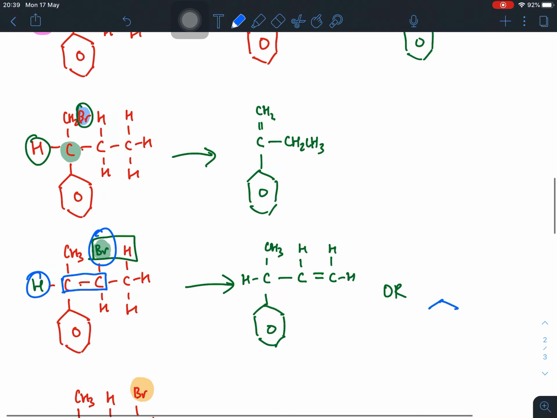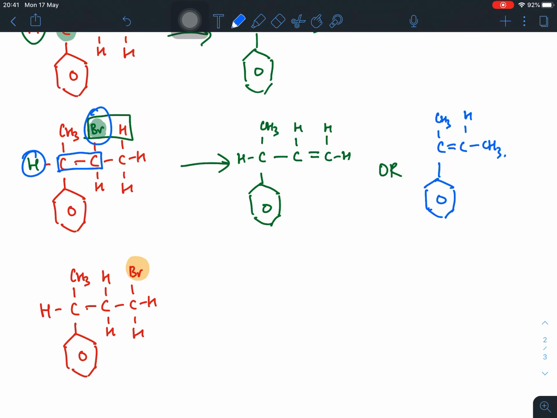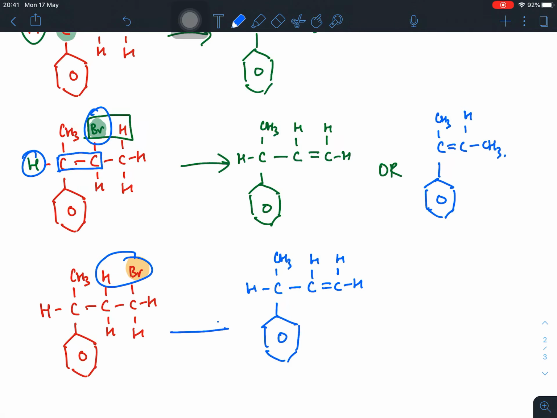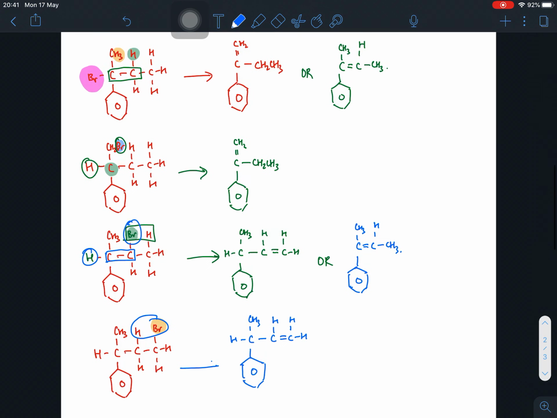And in that case, let's look at what would be formed. Okay. And finally, for the last one, it can only remove from this hydrogen on the left-hand side. Okay, so these are the products that we have, and let's look at the question again.